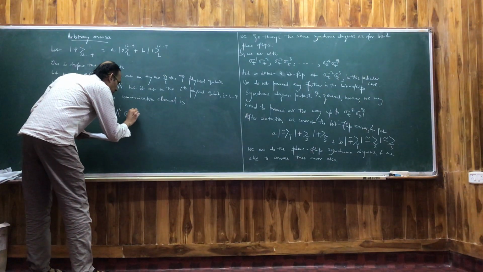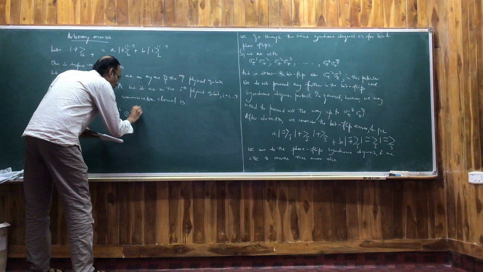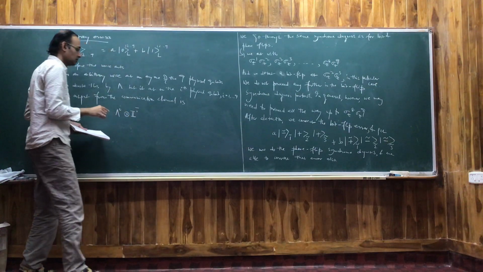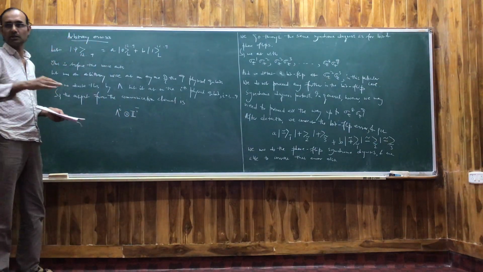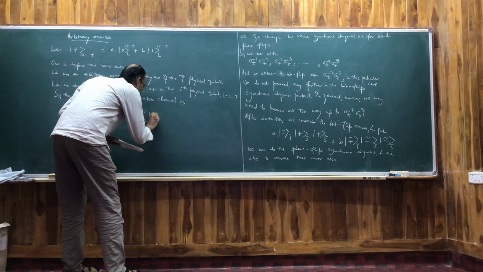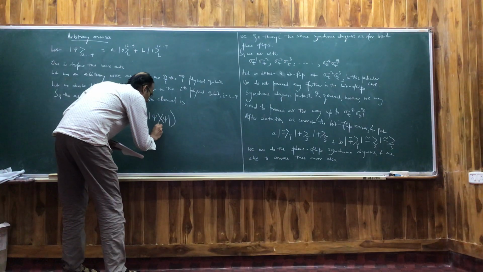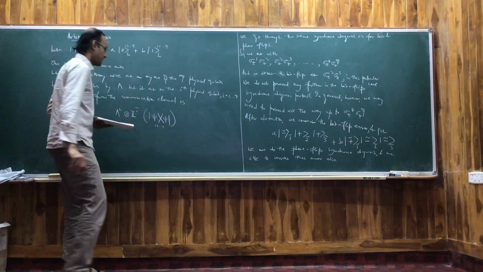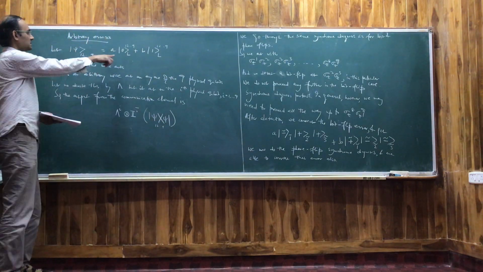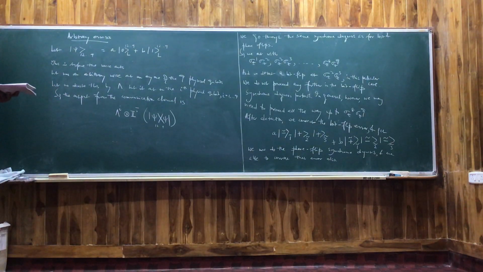Tensor, this is the identity operator. So put it i bar, not i, identity on everything else, and this is 1. This is this projector of this. Yes.